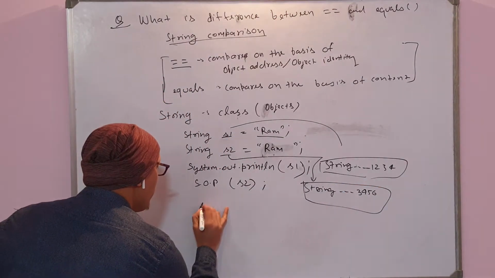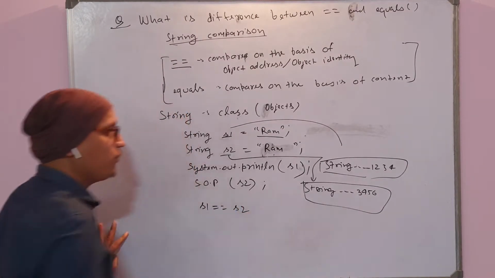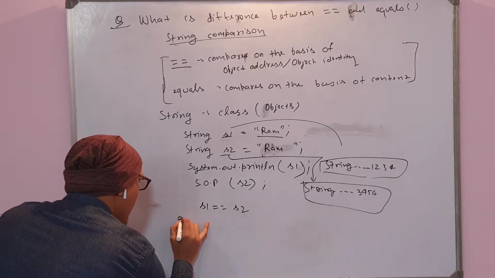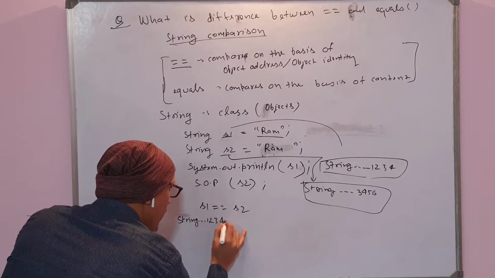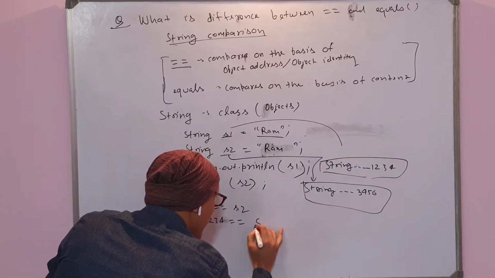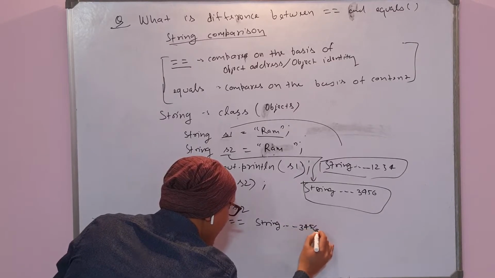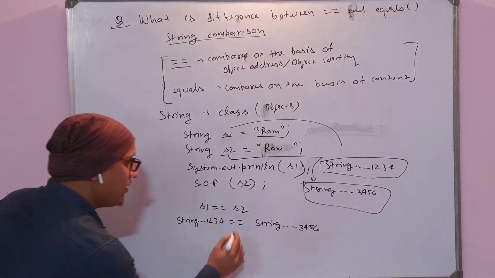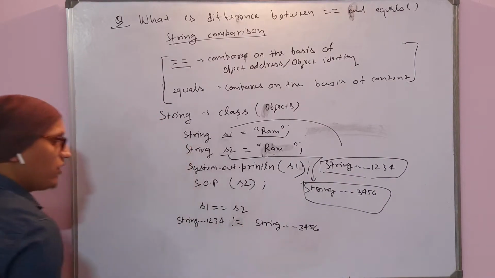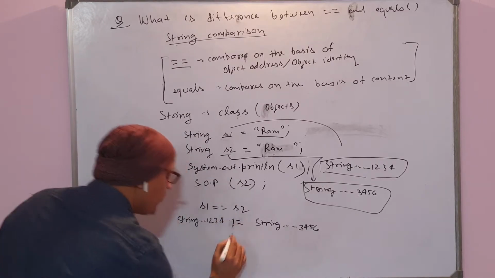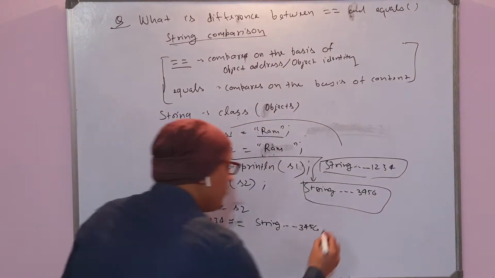That's why when you do something like s1 equal equal s2, you are comparing string something 1 2 3 4 with string something 3 4 5 6. You will observe that these are not equal.